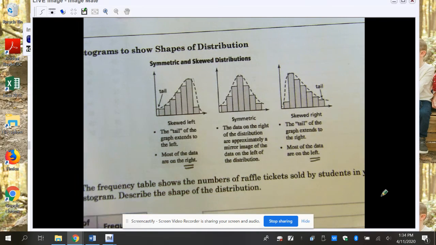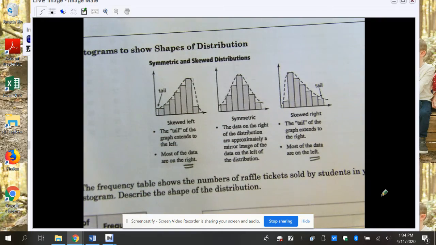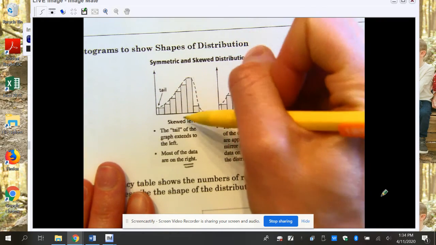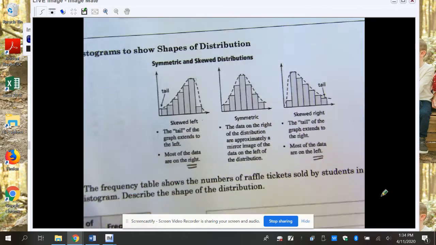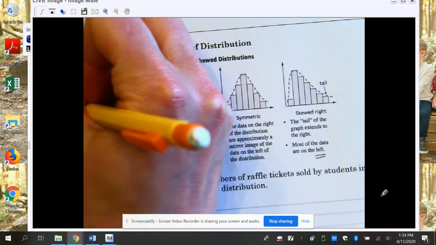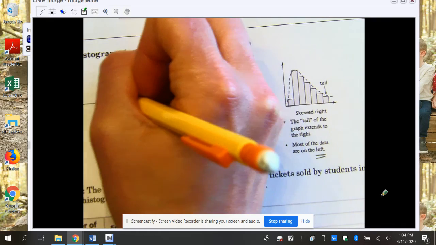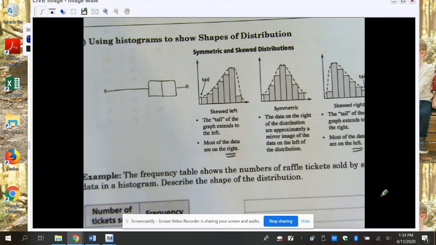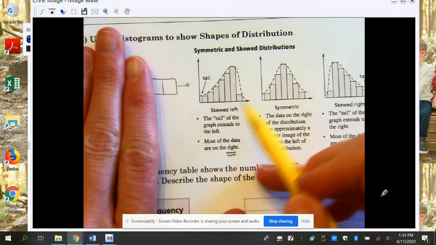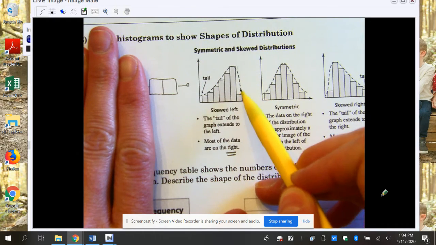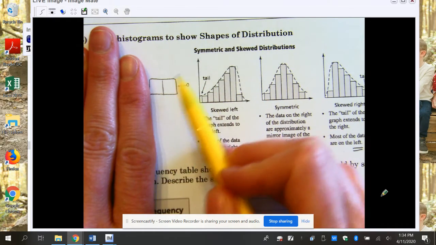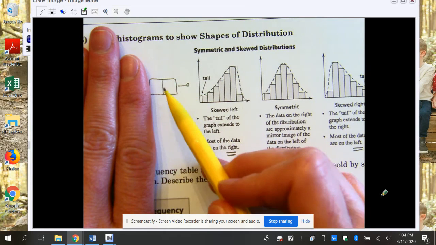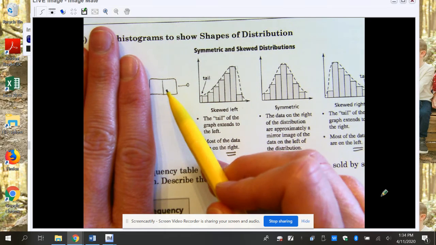What I always think about is what this would look like as a box and whisker plot. If most of the data is on the right here, that means if we were to draw a box and whisker plot, we'd have like 75% of our data on the right side, because this is where the data is really heavy. The bars are higher here. So in terms of the box and whisker plot, 50 to 75% of your data would be on the right side.